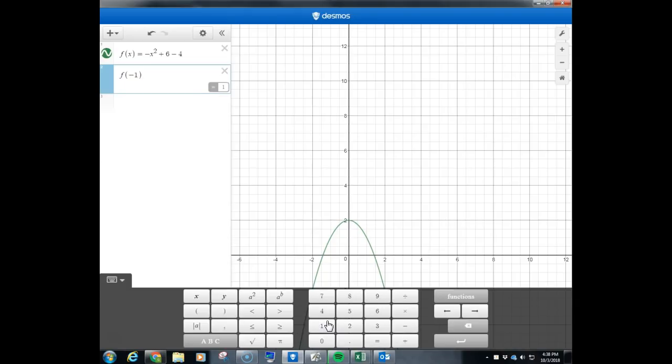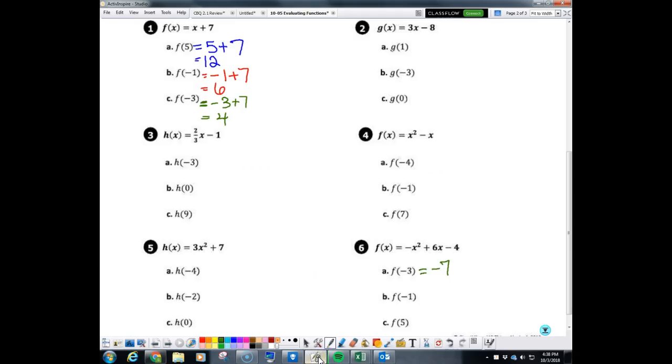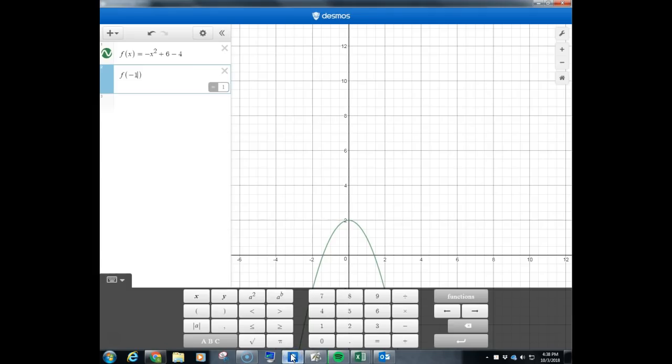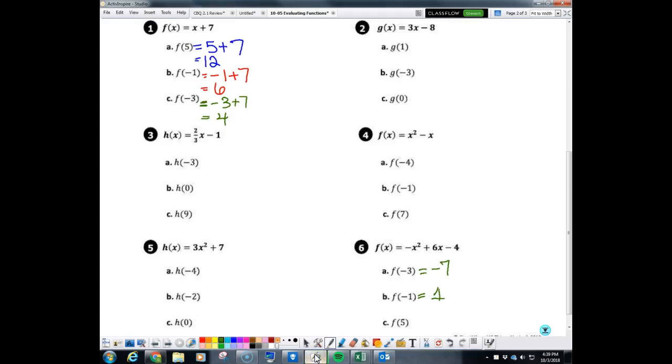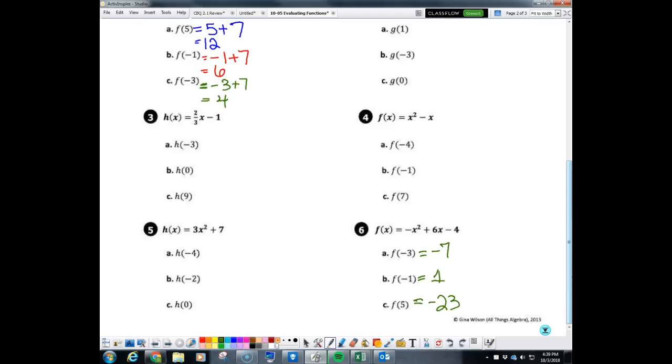So f of negative 1 is going to be 1. And then f of 5, and I believe that is negative 23. So that's how you're going to do the front page, right? You're going to do the same thing for 2, 3, 4, 5. I already did 1 and 6 for you.